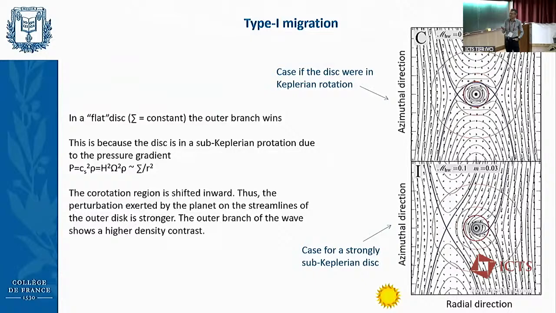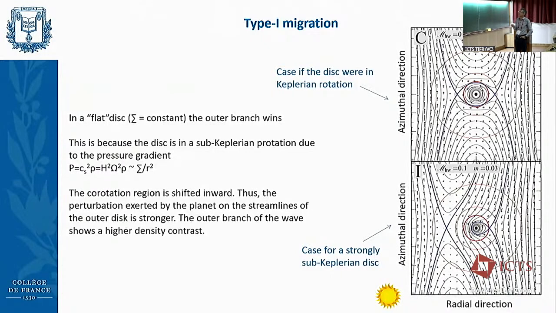So the product of these two is proportional to 1 over R. And if we have a flat disk, so the surface density of the disk is the same at every radius, the density decays as 1 over R because the scale height increases. And so the pressure is typically, even for a flat disk, and typically disks are not flat, they also decay, at least like sigma divided by R squared. And so the pressure gradient is negative from the sun out, and this is why the disk is sub-Keplerian.